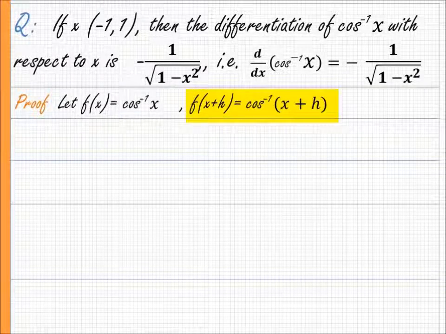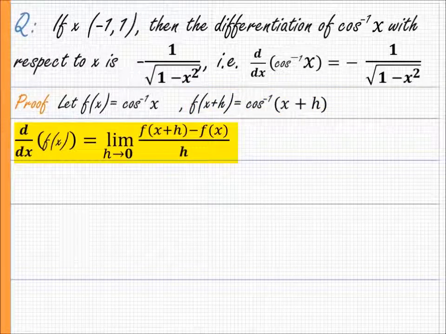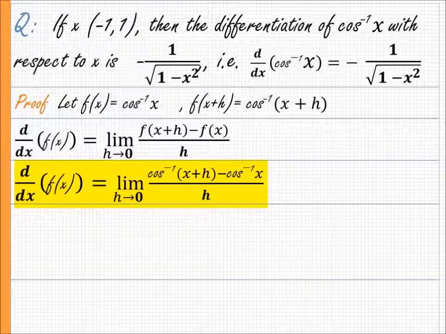So that means the derivative of f of x with respect to x is equal to limit h approaches 0, cos inverse of x plus h minus cos inverse x divided by h.